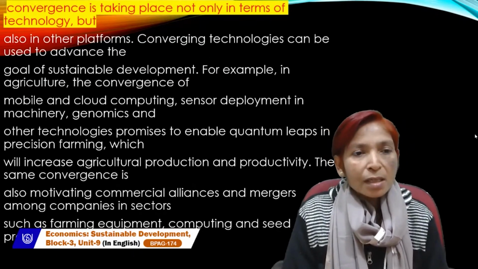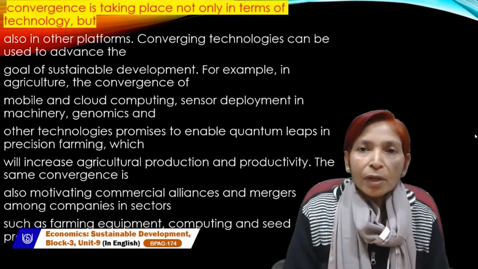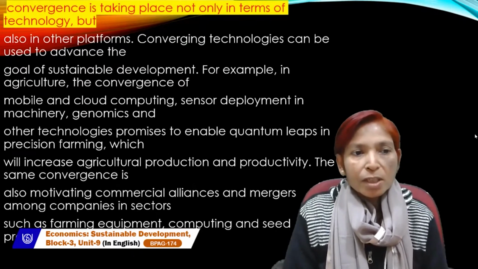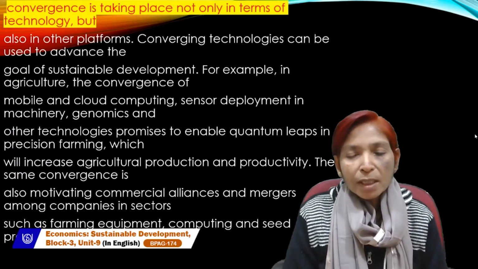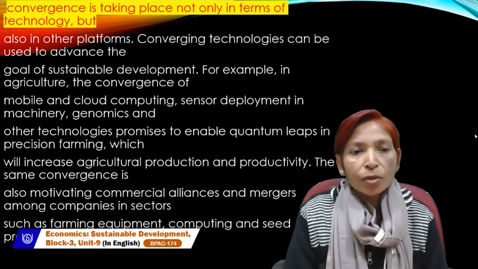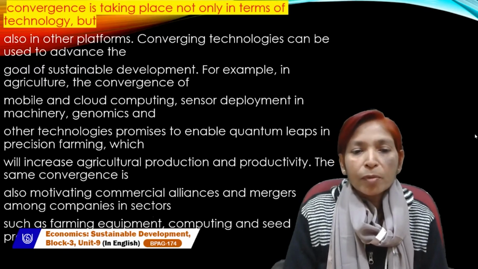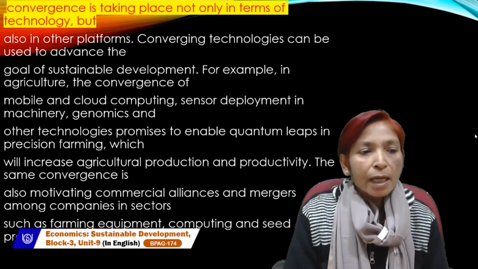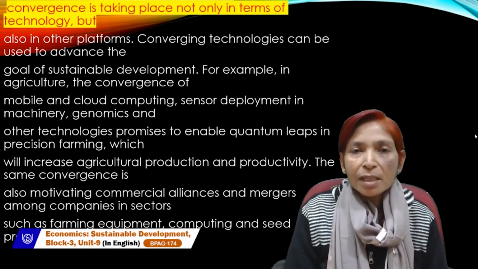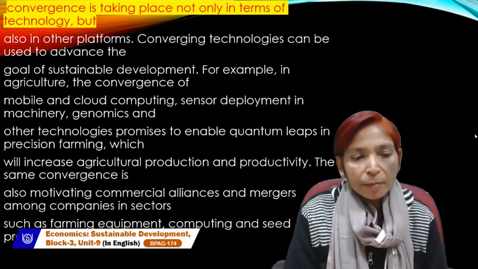So, convergence is helpful in agriculture: the convergence of mobile and cloud computing, sensor deployment in machinery, genomics, and other technologies promises to enable quantum leaps in precision farming, which will increase agricultural production and productivity.